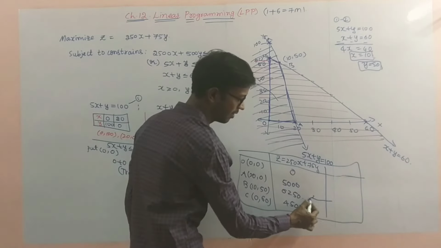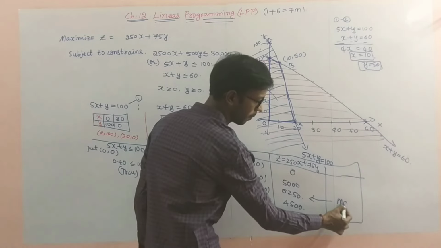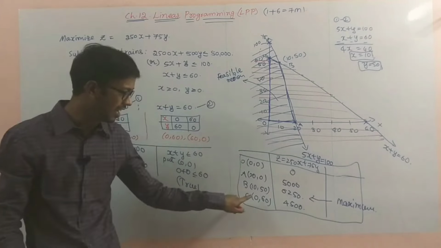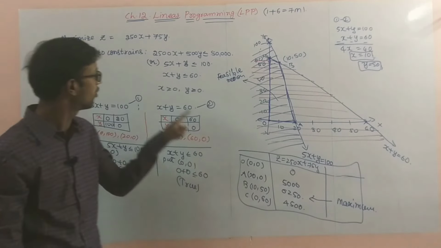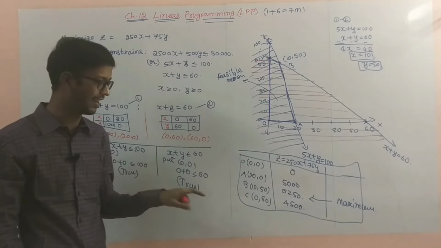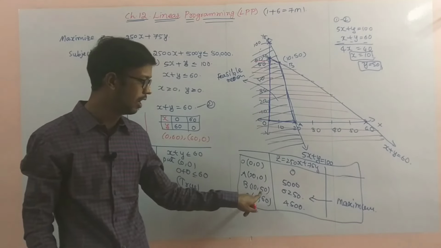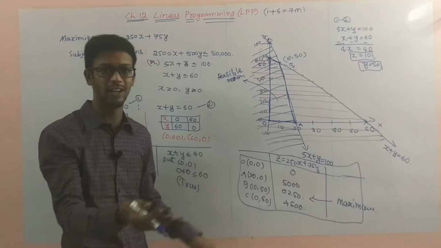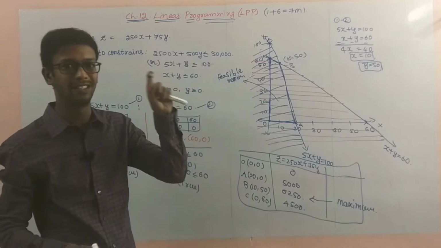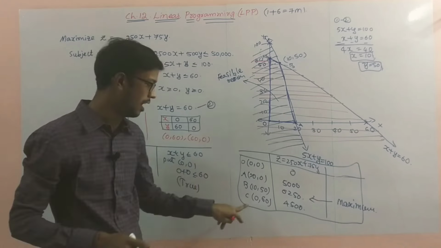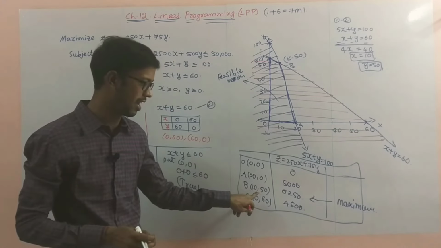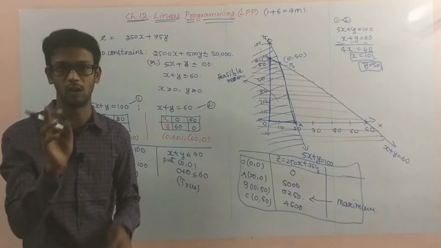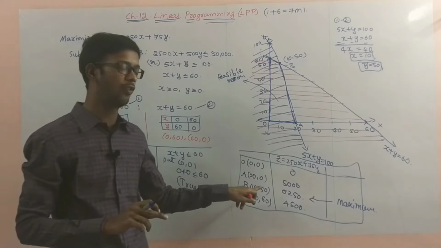Maximum profit, maximize Z, is the maximum. When it is maximum, X is 10, Y is 50. X represents the tables, Y represents the chairs, as already discussed at the start. If he is buying 10 tables and 50 chairs, the total will become 10 plus 50, which is 60.